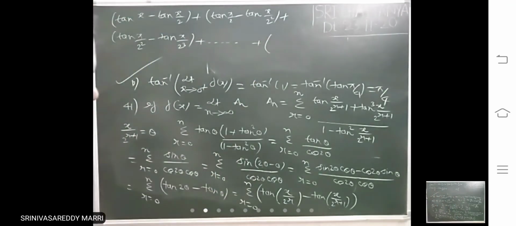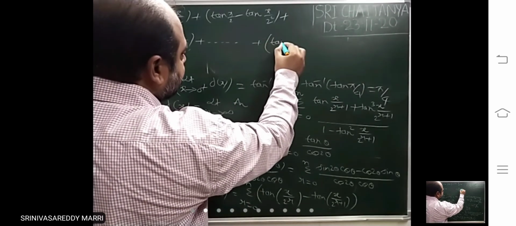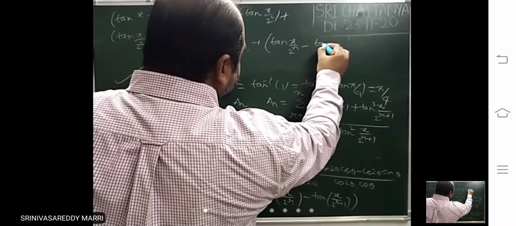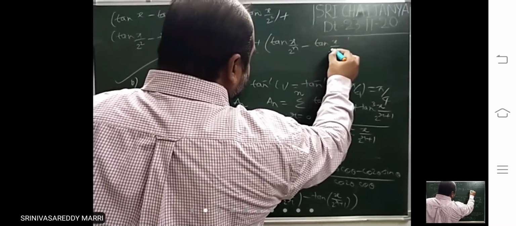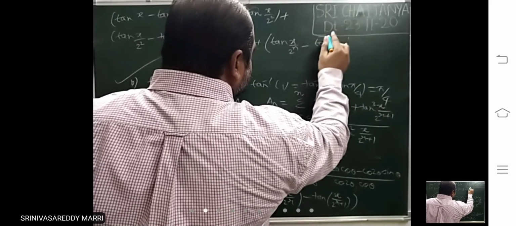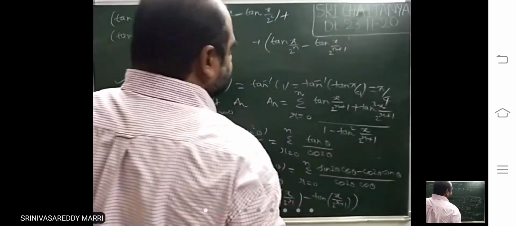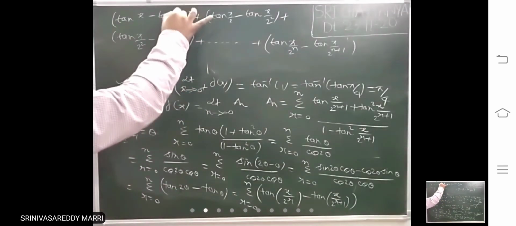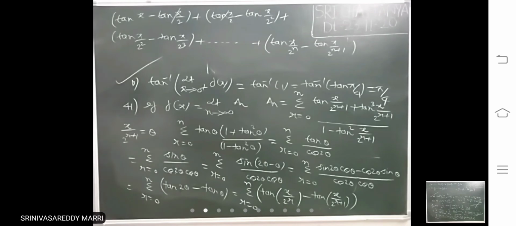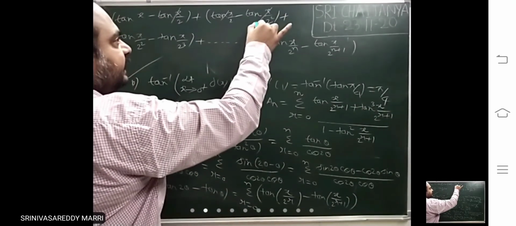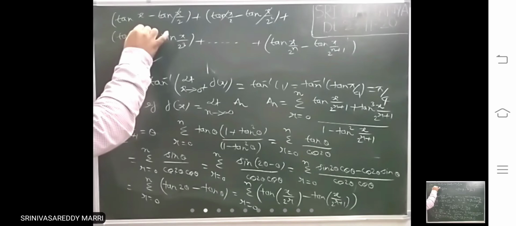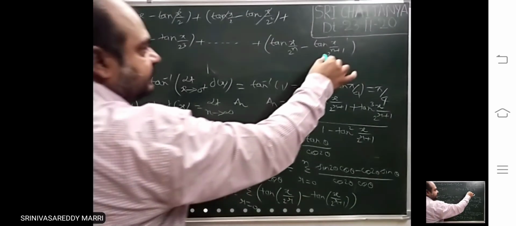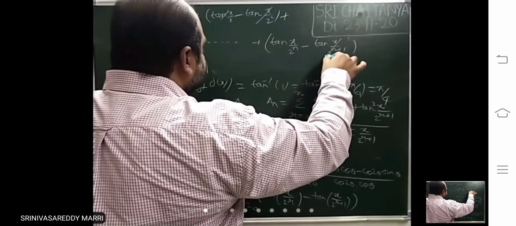The last one is r equal to n. Now if you observe, minus tan x by 2 and plus tan x by 2 will get cancelled, and minus tan x by 2 square with plus tan x by 2 square will get cancelled. This one will be remaining in the first bracket.